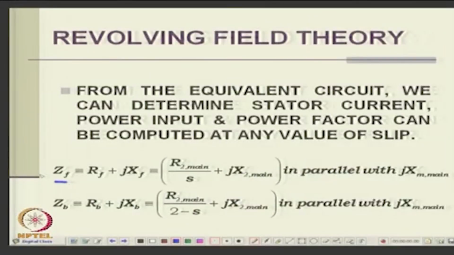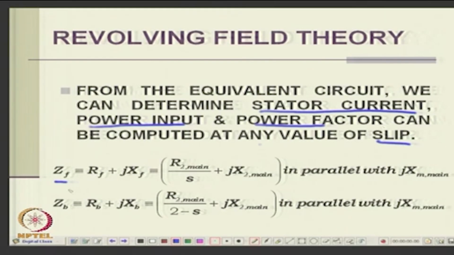From the equivalent circuit we can determine all these quantities. Once you know the voltage and the circuit parameters, you can just calculate the impedance, the current, the power input, and the power factor at any given slip, right. You know how to do that.